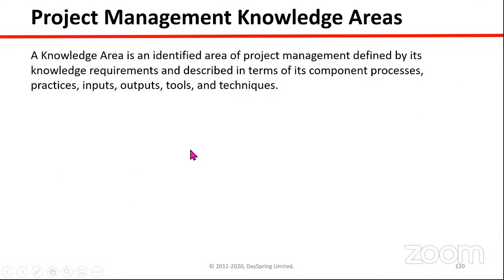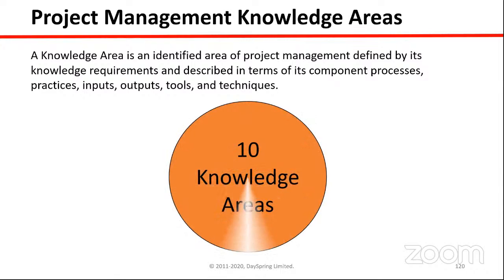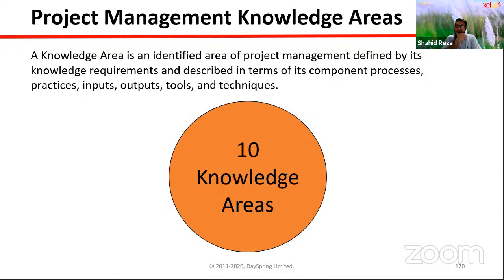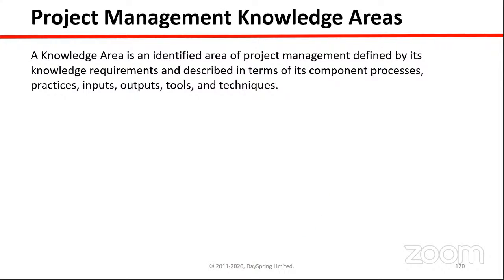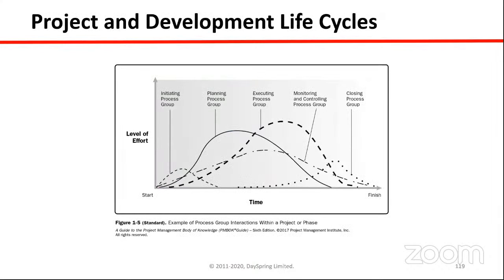Yes, Shahid bhai? Bolen. Can you go back to the previous slide? Here we can see the execution drops suddenly. Actually, is it like that? Because execution is at the peak, then it drops suddenly. But in reality, it goes to a peak but doesn't drop suddenly. Very steep dropping here.